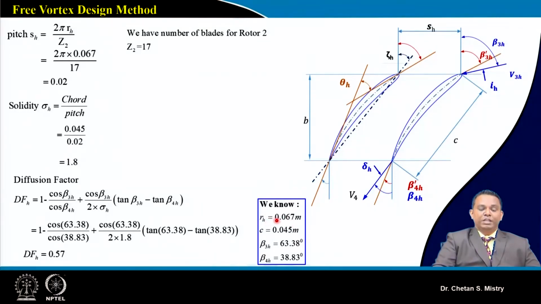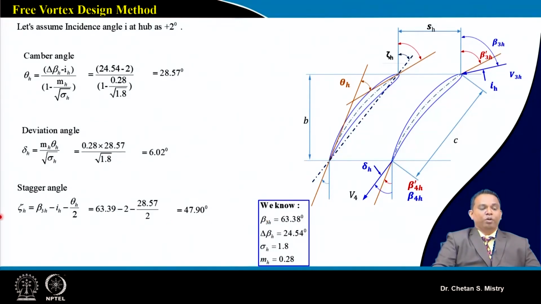Here you can see I'm putting my RH, my chord, my beta 2, beta 3, beta 4. That will help us avoid the mistakes that happen when we do pen and paper calculation. Anyway, all this calculation we will cross verify using the Excel sheet, so there is no problem at all for this kind of design calculation.